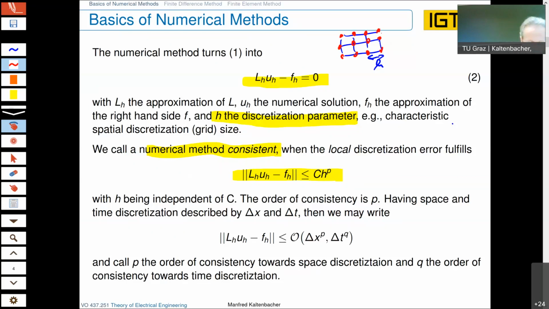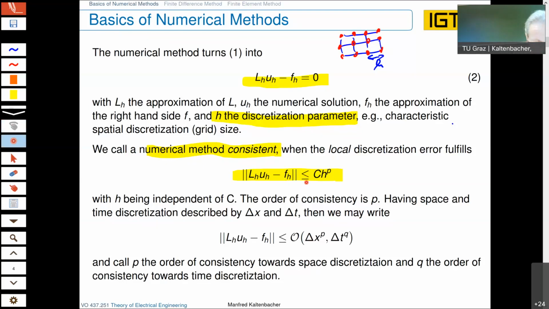So the system matrix multiplied with the vector of unknowns is a vector, and you take the difference with the right-hand side, also the discrete one. And this is smaller or equal, it's always the same in mathematics, to a constant. Important is that this constant is independent of your mesh size h.